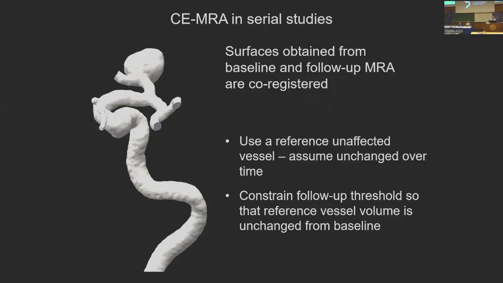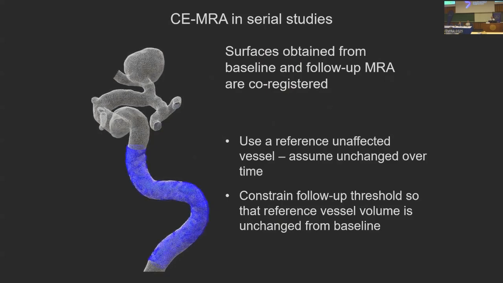So here we have a patient who's coming in for surveillance of an aneurysm of the anterior communicating artery and has multiple imaging sessions. In order to have consistent windowing and thresholding and segmentation, we use a reference segment of the vessel as a standard.